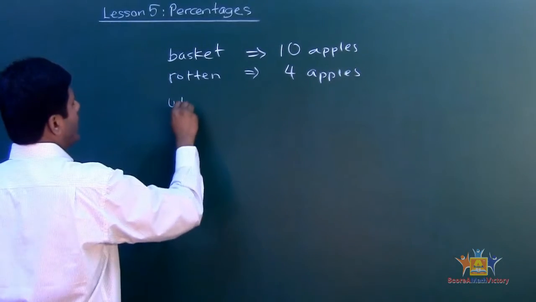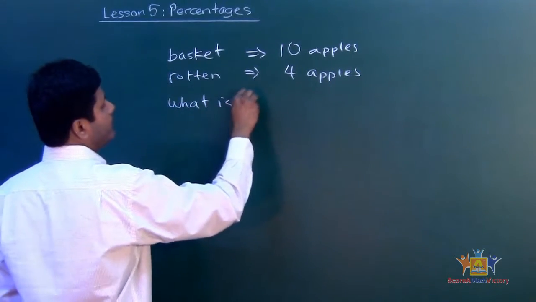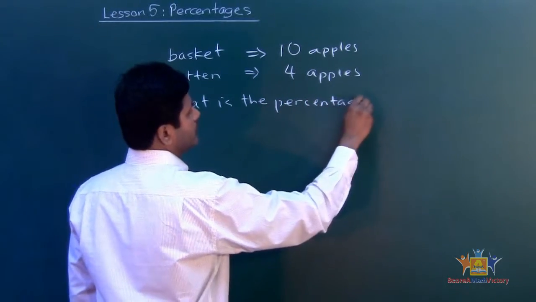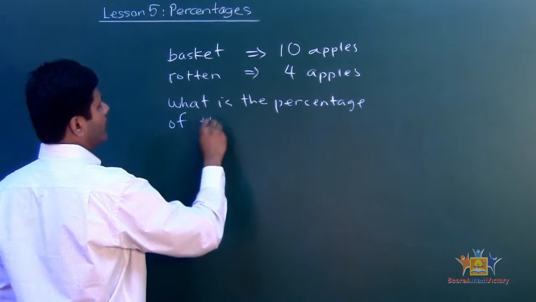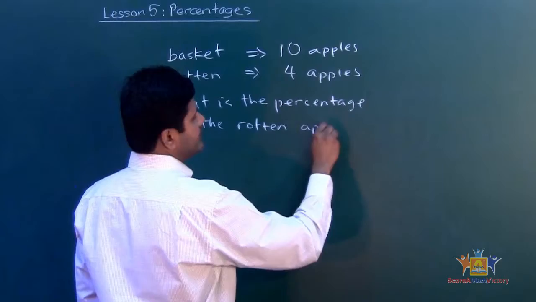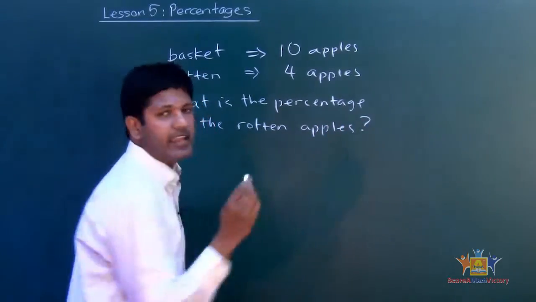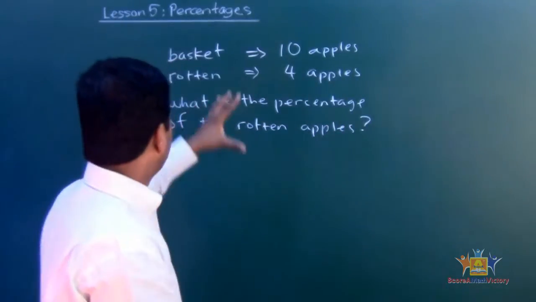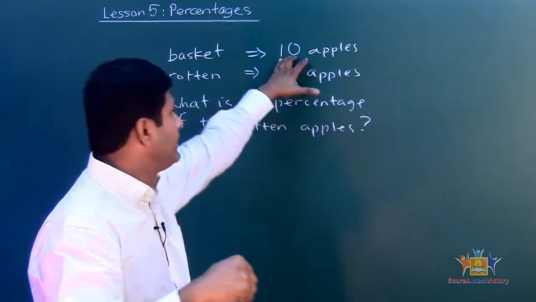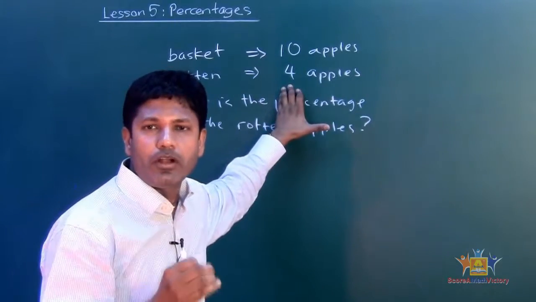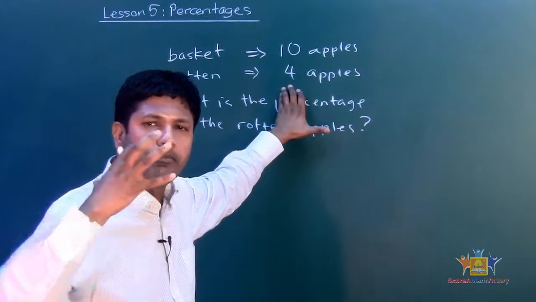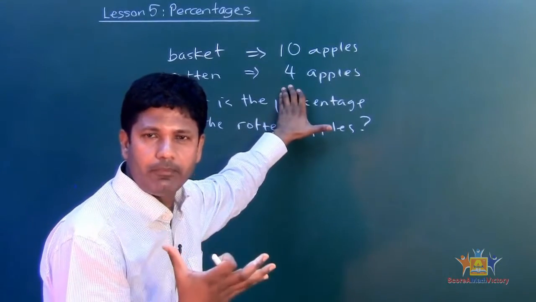So, what is the percentage of the rotten apples? So this time we're looking for percentage. I gave you the total number of apples in the basket, and 4 of them were rotten. And I need to know what is the percentage of the rotten apples.